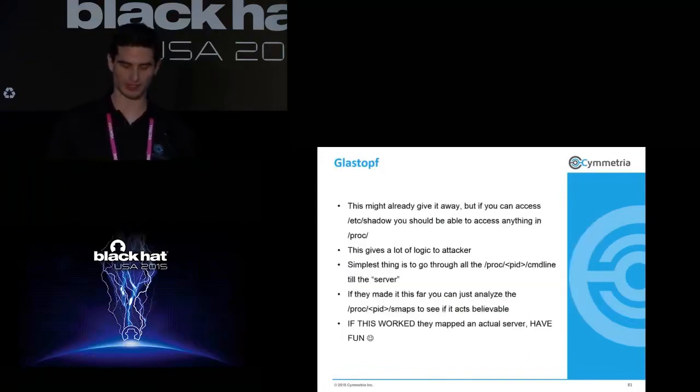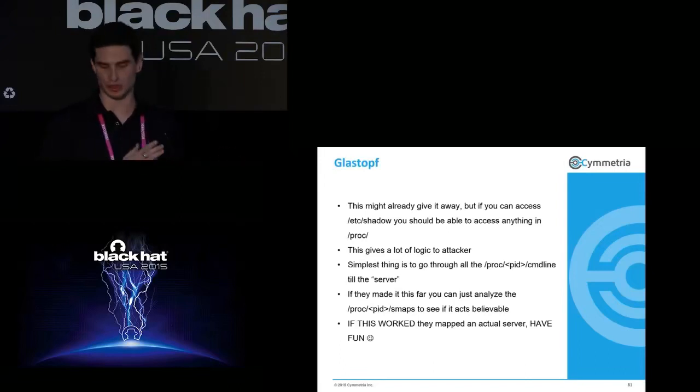Since the user has access to etc shadow by regular Linux permission logic, he should also be able to access /proc, right? And /proc is a very problematic folder to try and simulate. Firstly, because you can go through the PIDs and see the actual processes running, and then find out if it makes sense that this is an actual web app machine that's running the app you're seeing.